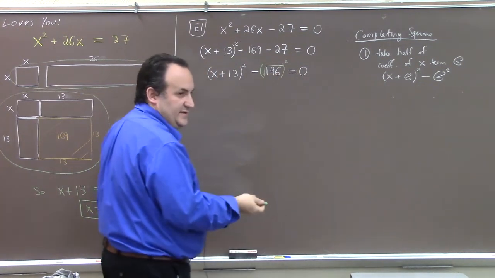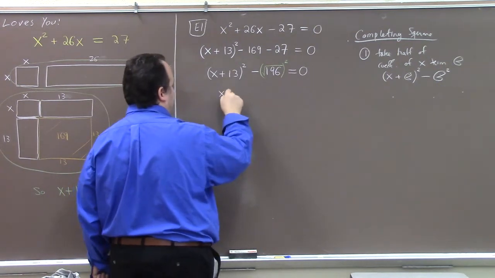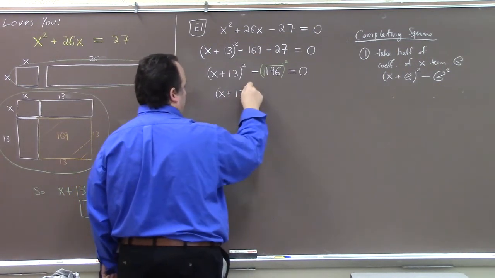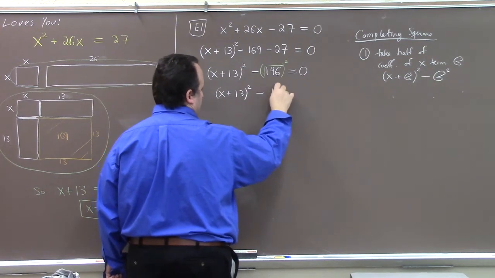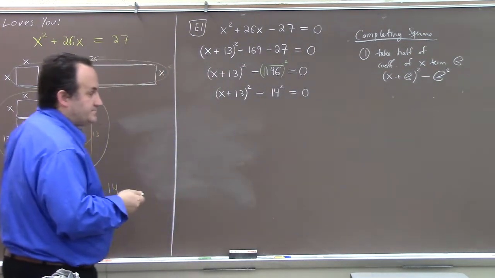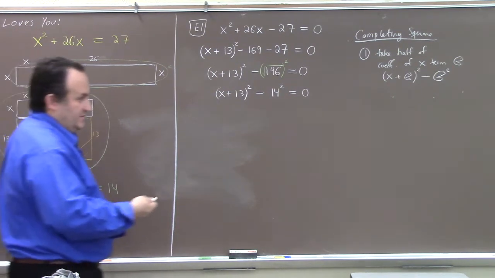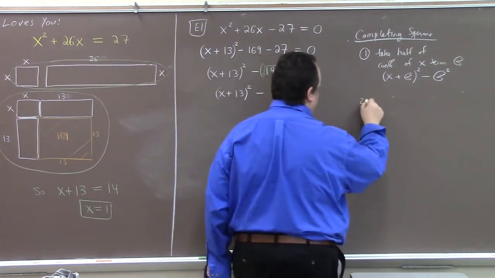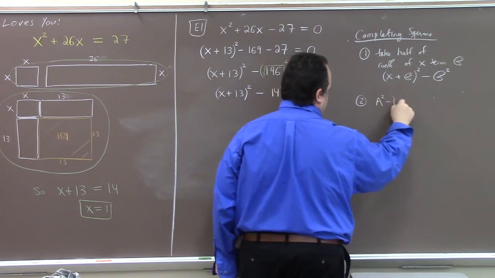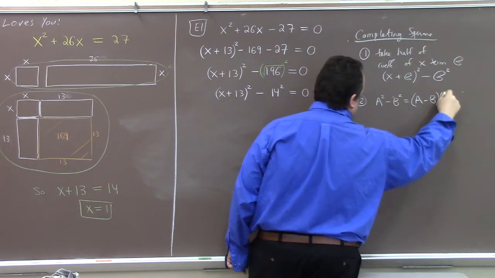The square root of 196 is 14, so what you have is x plus 13 squared minus 14 squared. Oh, but now we have the difference of squares. So we can go back and use the difference of squares formula, which was what? A squared minus b squared is a minus b times a plus b.